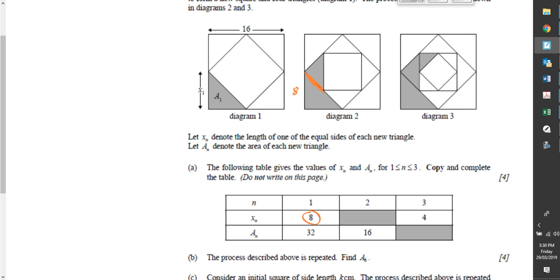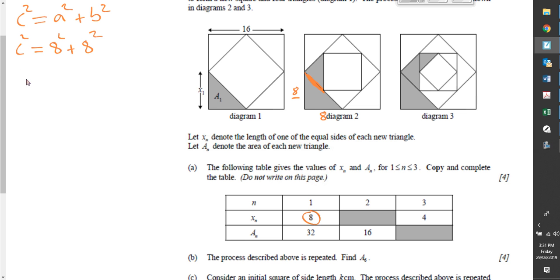So if we go back to our friend Pythagoras, Pythagoras tells us that the square of C is equal to the square of A plus the square of B. In this case, our sides are going to be 8 and 8. Okay, so C squared is going to equal the square of 8 plus the square of 8.